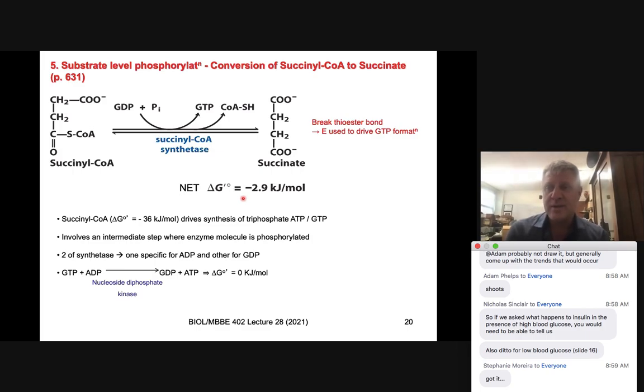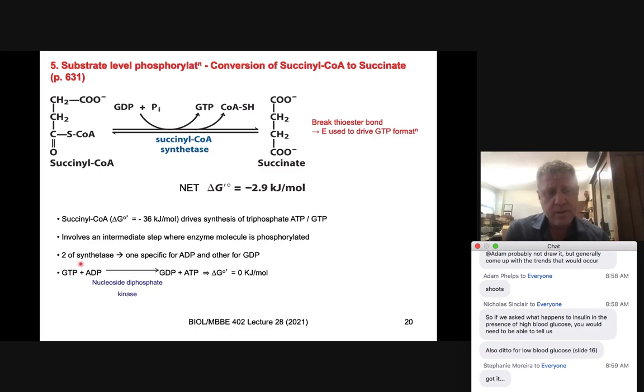And we're not consuming any energy in that particular process. Because really, with the succinyl CoA at minus 36 kilojoules, this is actually really basically promoting the synthesis of the GTP. But again, we have a consumption of positive and negative components, which give us an overall reaction of negative 2.9 kilojoules per mole.